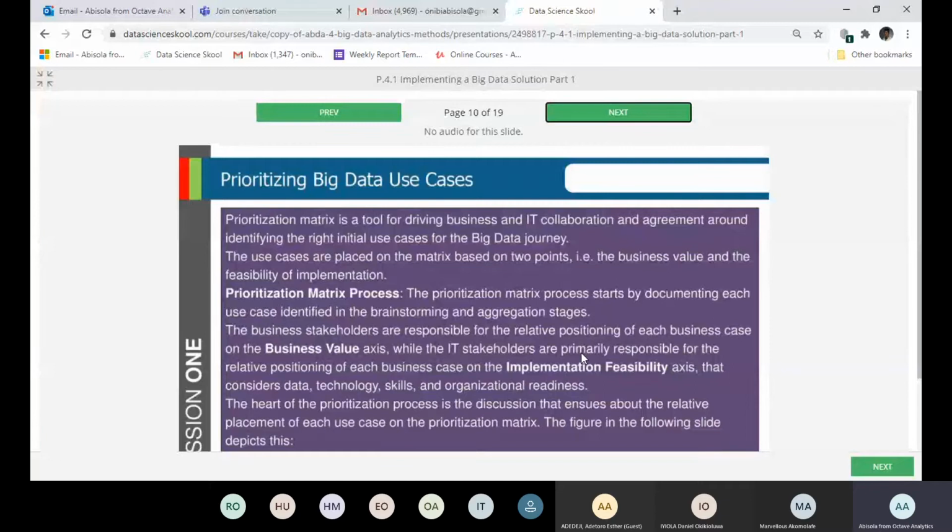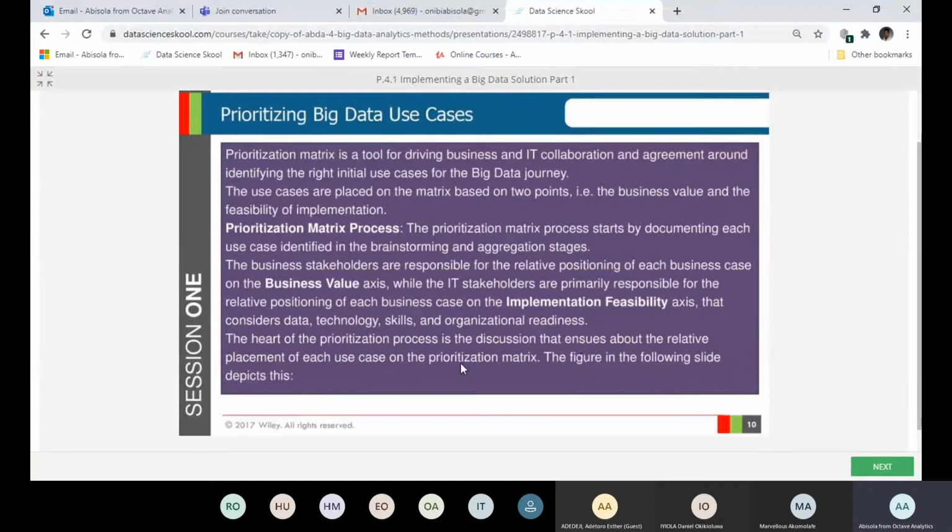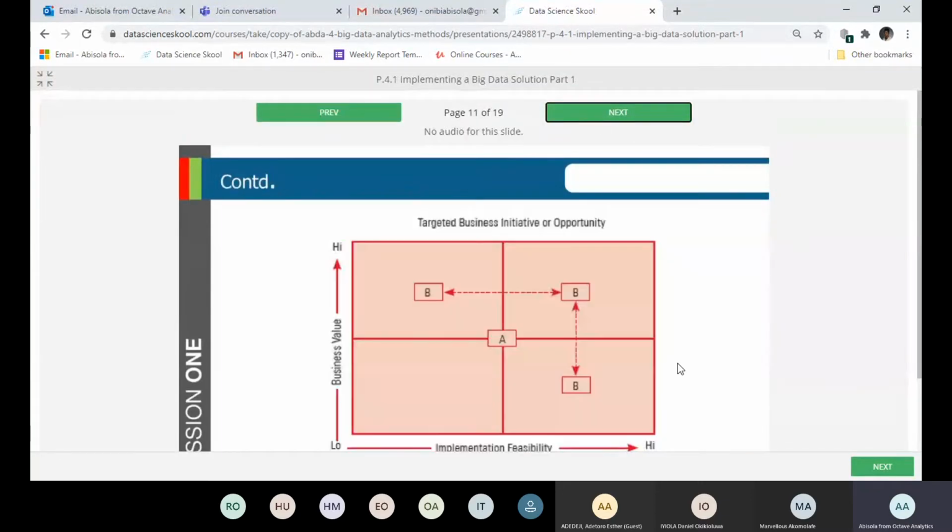So let's see what it looks like. Here it is. This is the prioritization matrix. We have business value, which goes from low to high, and implementation feasibility, which is also from low to high. This is divided into 4 places.